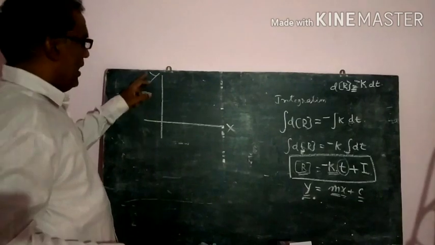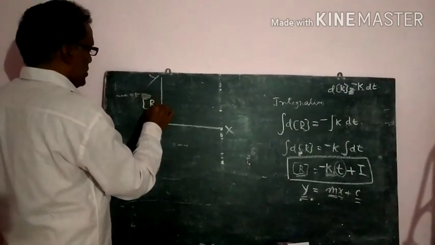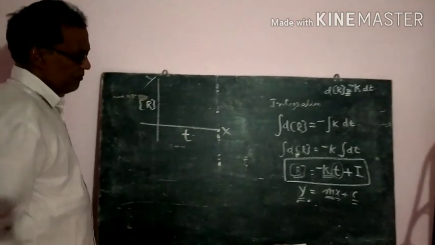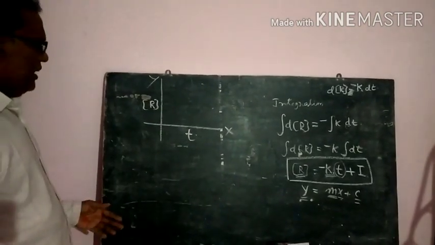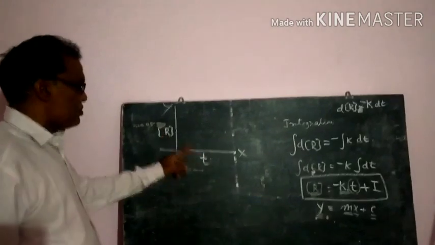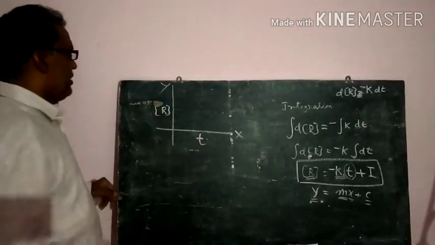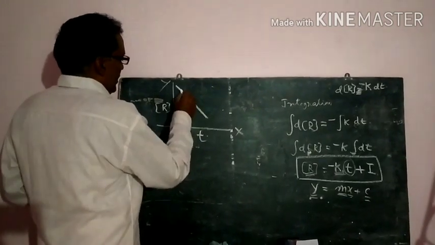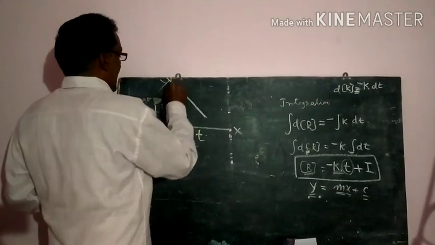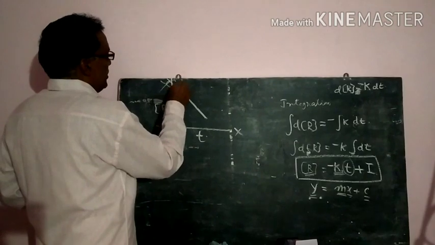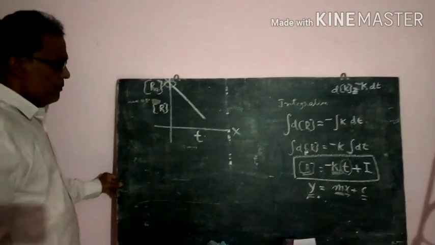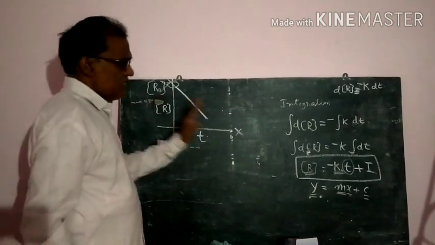On the y axis we will take the concentration, and on the x axis we will take the time taken. If you draw a graph between these two, whatever the equation we got, we will get a straight line where it passes through the y-axis, and the point where it meets is nothing but the initial concentration value.